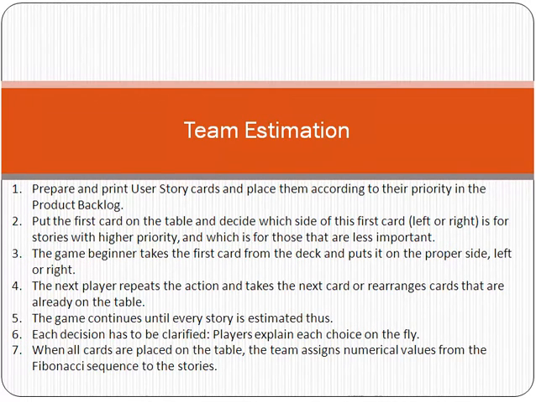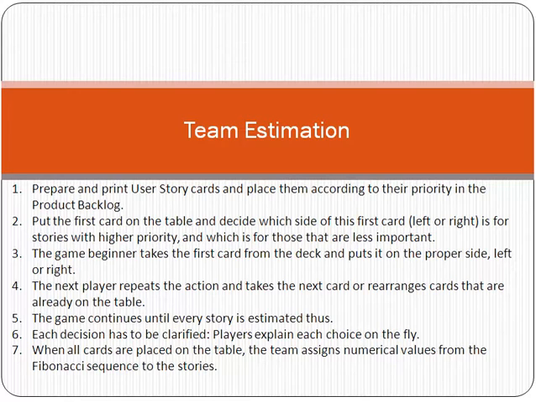Another concept of estimation, friend, is team estimation. Team estimation means that we prepare the stories on cards from the product backlog, and we put the first card on the table and decide which side of this first card, left or right, is for stories with higher priority. Then the game beginner takes the first card from the deck and puts it on the proper side, left or right.